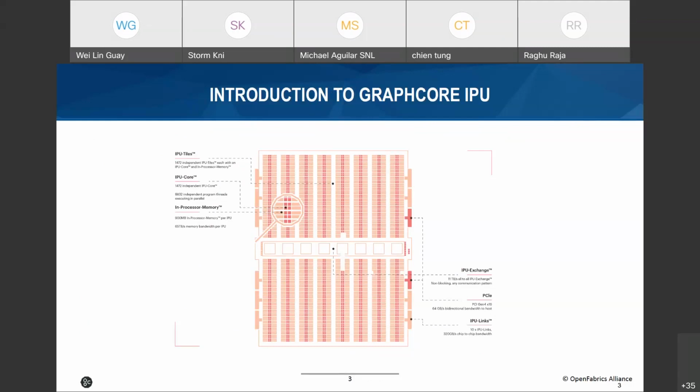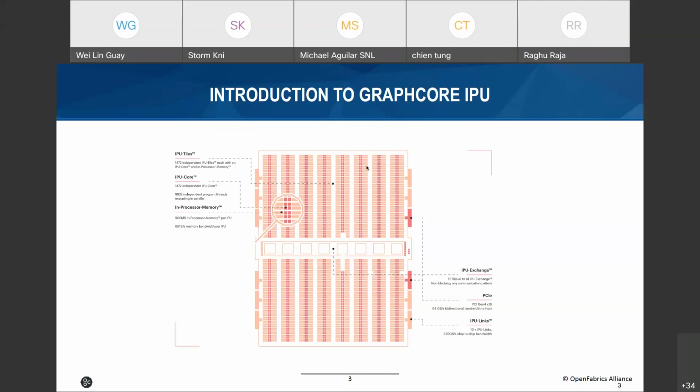That gives a total of 8,800 fully independent programs we can execute in parallel per IPU. It has an aggregated static memory of approximately 900 megabytes, and a total of 65 terabytes per second memory bandwidth per IPU, and that's due to the SRAM being close to the processor cores.